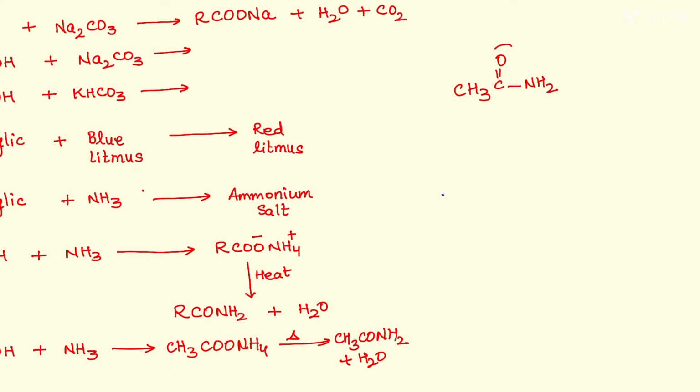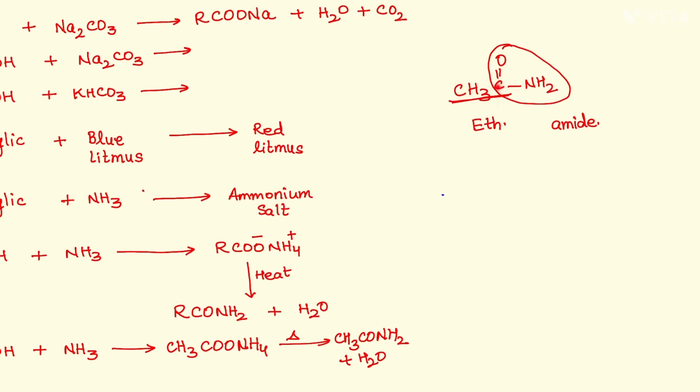Now, let's see the functional group first. It's an amide, right? Now, look at the number of carbon atoms in the chain. There are 2. So, eth, saturated or unsaturated? It's saturated. You do not look at the double bond between carbon and oxygen.